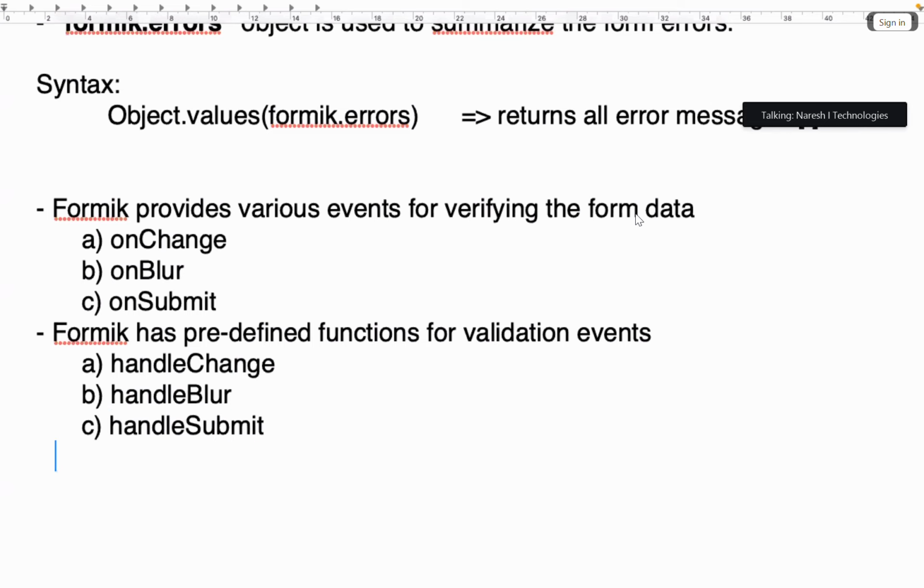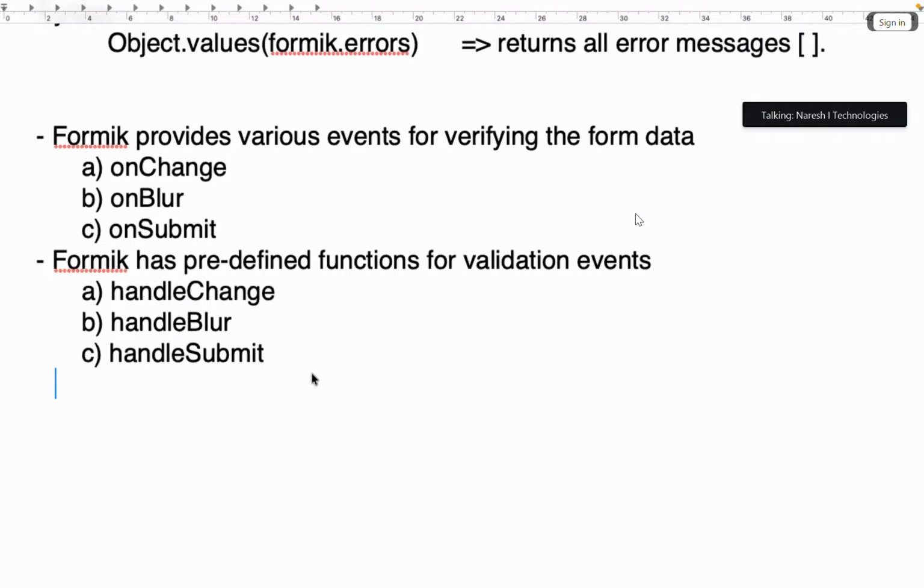They have these functions also. Events and related functions are ready-made. On click, on change, on blur, on submit, these are general events. Already we know these are synthetic events. For them, ready-made functions are there.